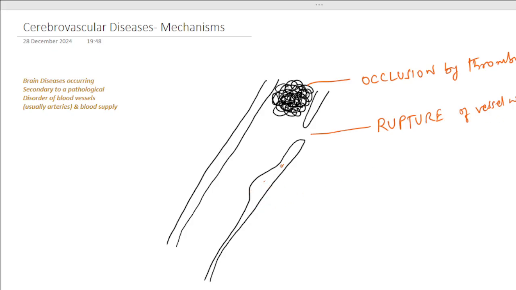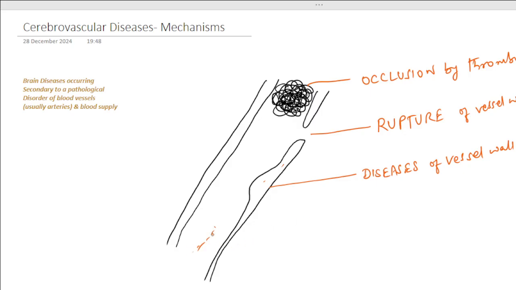What is this? This looks abnormal in the blood vessels. You all remember the layers of the blood vessels, right? So this looks abnormal. Let us say this is, at this point of time, a kind of disease of the vessel wall.